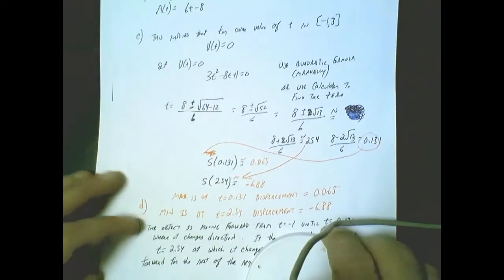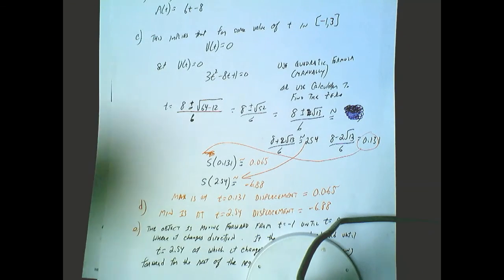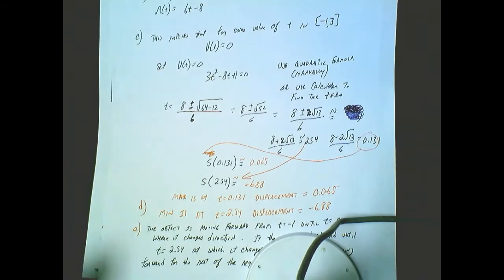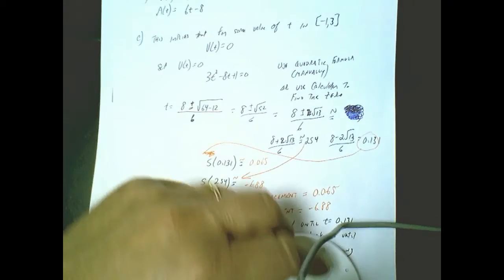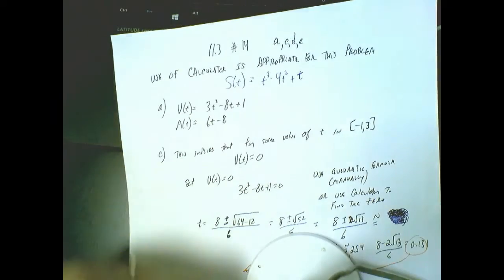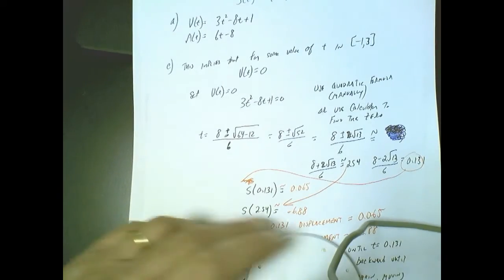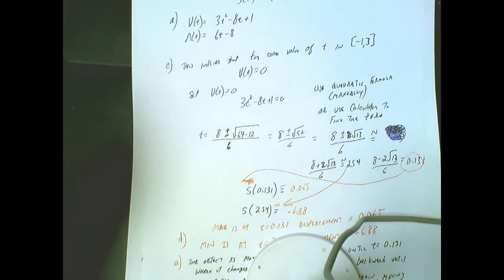What would we do next? Again, calculator based. Take these two values that we've seen, 0.131 for t and 2.54 for t, and plug them into the original function, t cubed minus 4t squared plus t. You get some ugly decimals to work with. This is certainly a calculator exercise.